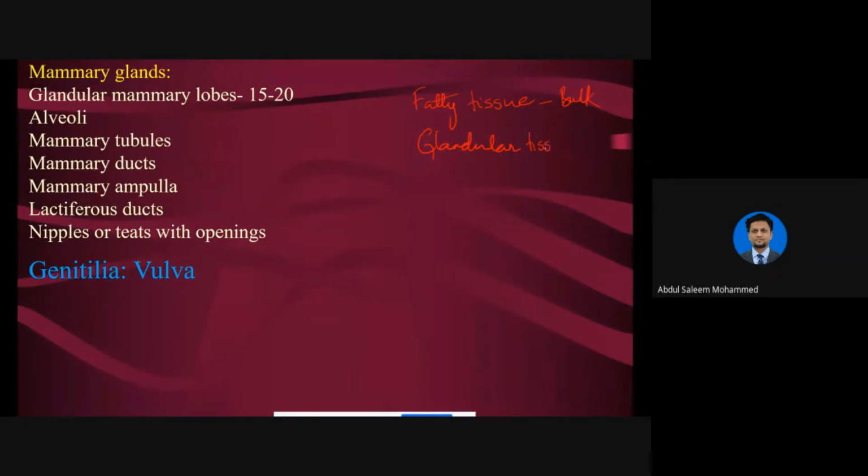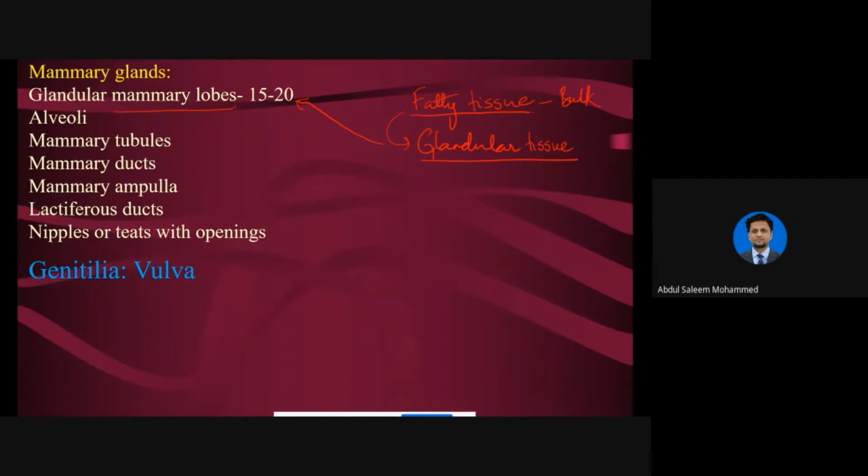This fatty tissue provides cushion support to the mammary glands as well as the glandular tissue. And this glandular tissue is divided into 15 to 20 glandular lobes. These glandular lobes are called the mammary lobes.